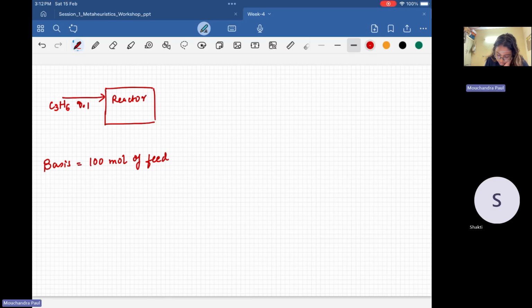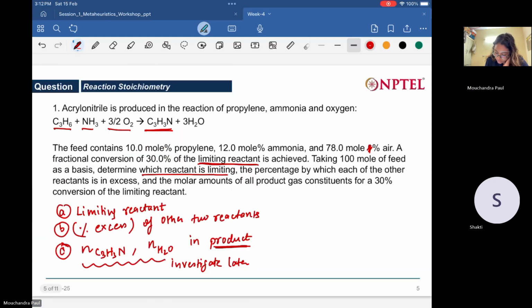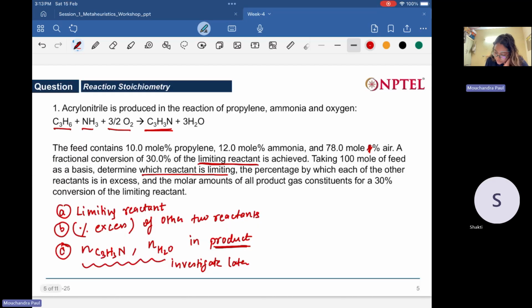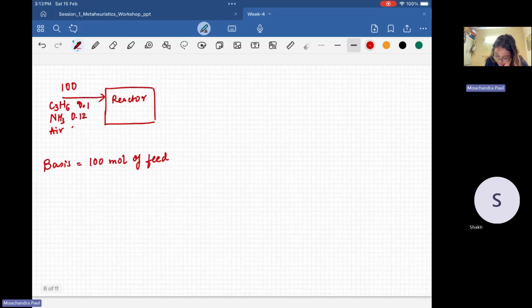Then ammonia is 12 mole percent, 0.12. Then air is also entering. It was 78 mole percent, so it is 0.78.